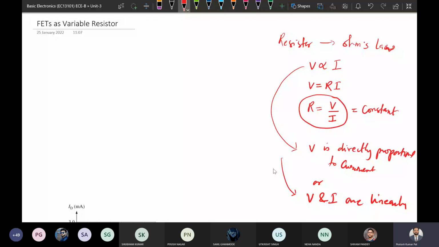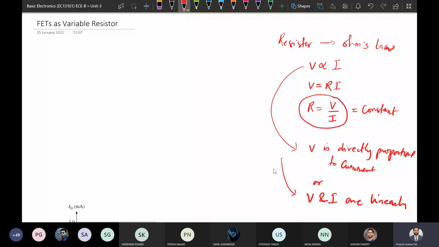For one value of gate to source voltage this is the ID versus VDS relation, and for the next value the graph is different. With respect to that, we look at the slope. Suppose these are curves 1, 2 and 3, the slope of curve 1 will be of higher value.